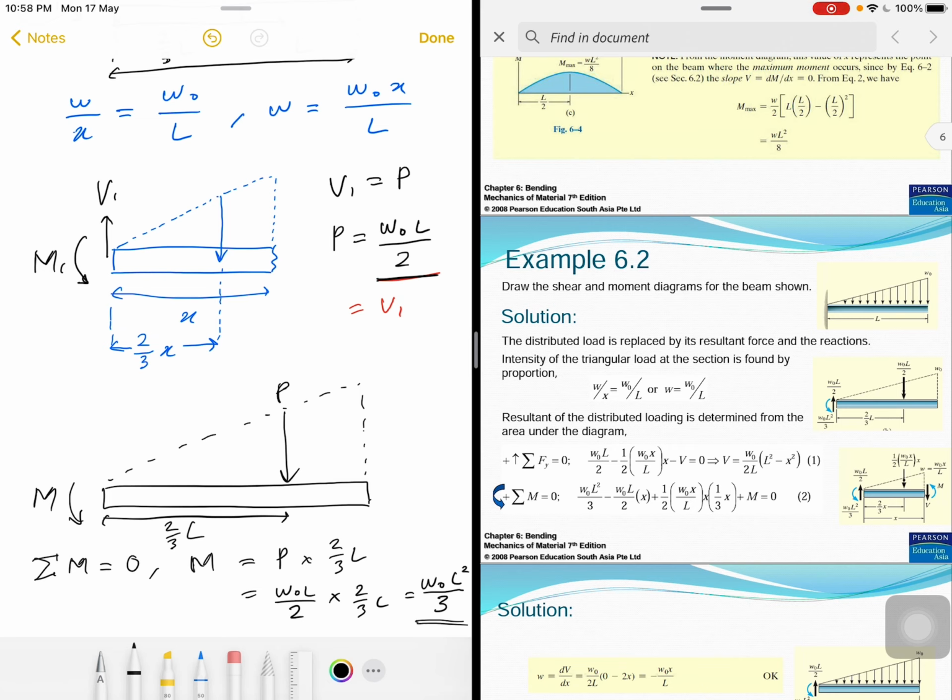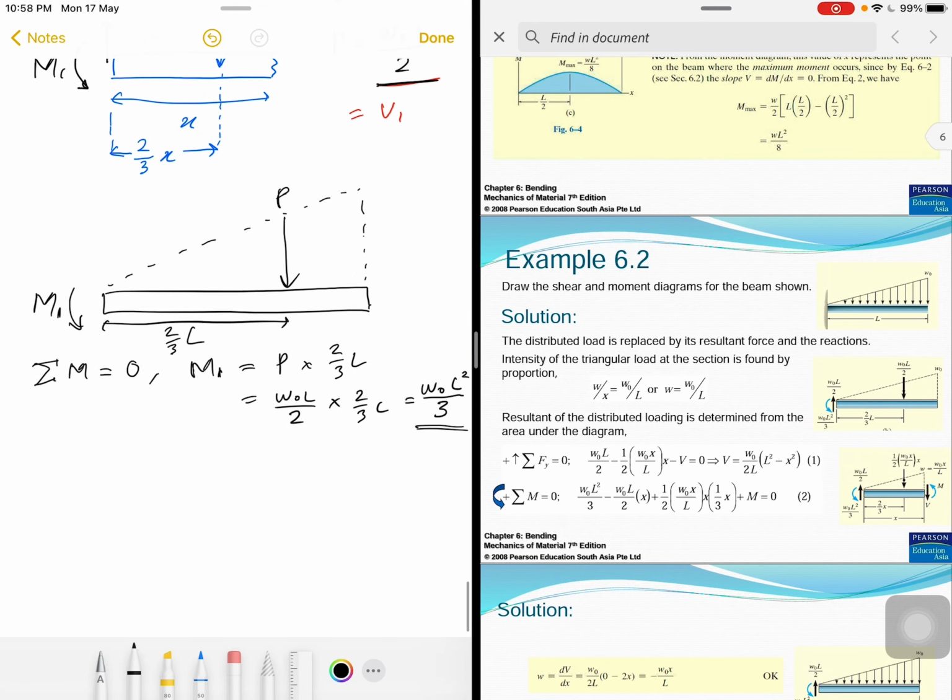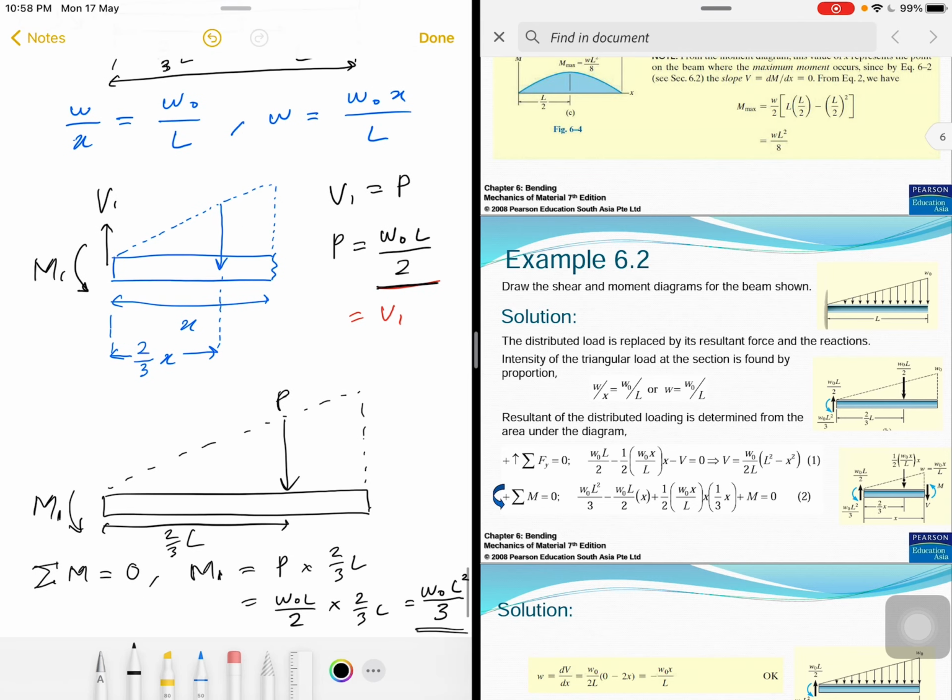Okay, so that is M1. Why M1? Because I want to differentiate between the moment at the cross section and the moment at the support. Okay, so we know M1 and V1. So right now we can go back to this diagram.